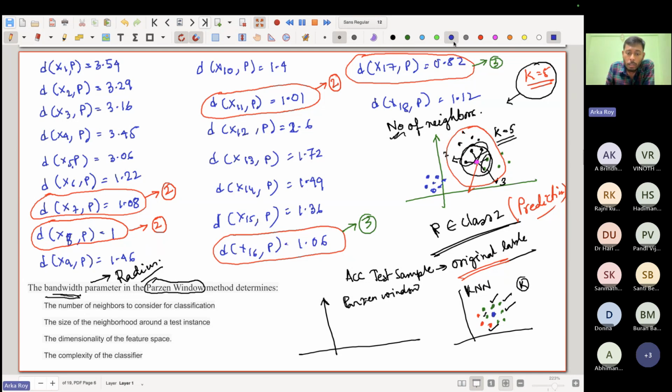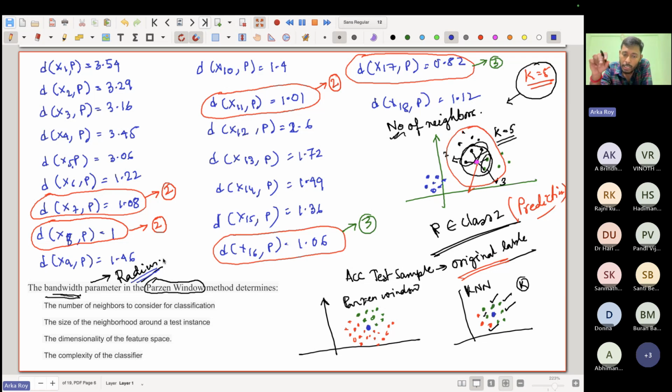But in case of partition window, let us consider this is my new data point, and these are the data distributions for different classes. Now over here, this bandwidth parameter, as I already have told, basically talks about the radius of the visualization.